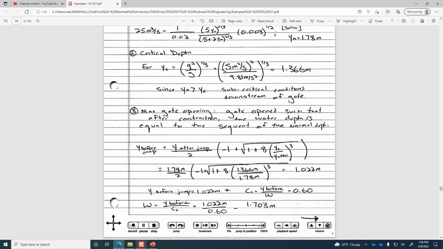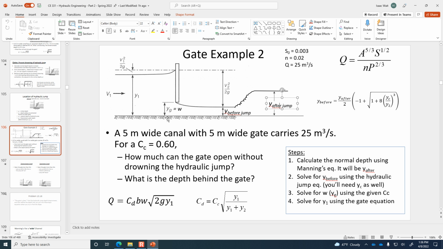And so now, if that is how high the gate is open, think about the gate equation. We know the coefficient of discharge can be calculated by the ratio of the depths, and the width of the channel is the same as the width of the gate in this case.